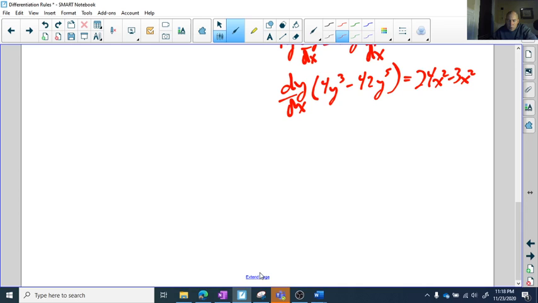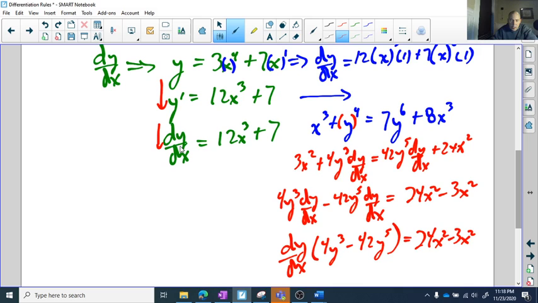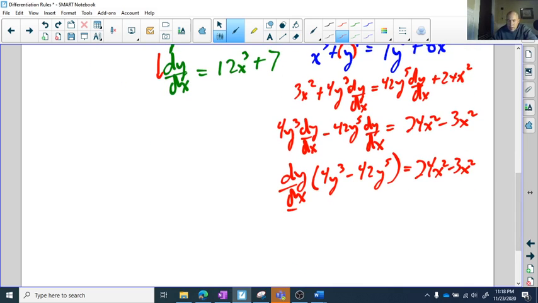Now, do you remember what our goal was? Our goal was to find the derivative. Well, that's what this symbol is. So I want to now get dy dx by itself, just like over here, dy dx equaled something like this. So to do that, I would divide both sides by 4y cubed minus 42y to the 5th.